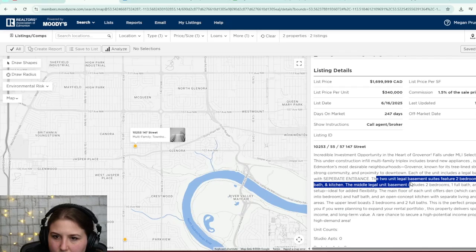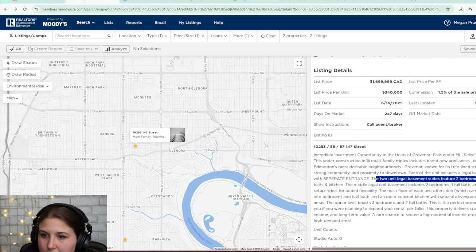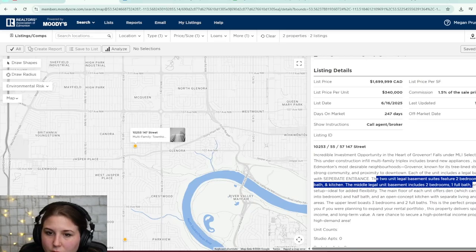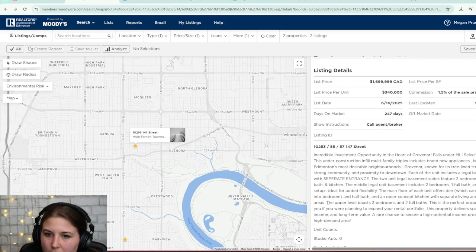The 2 unit legal basement suites feature 2 bedrooms, 1 full bath and kitchen. The middle legal unit basement suites include 2 bedroom. Okay, so they're all 2 bedroom basements. We like that. We like having more bedrooms. Upper levels are 3 beds and 2 baths. Okay.